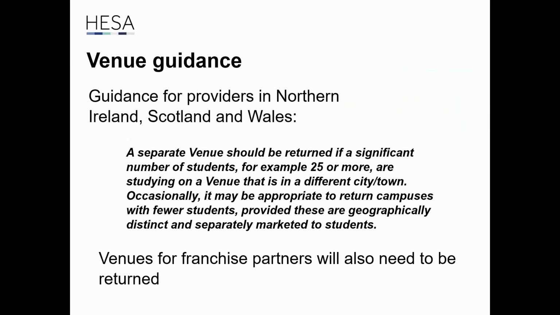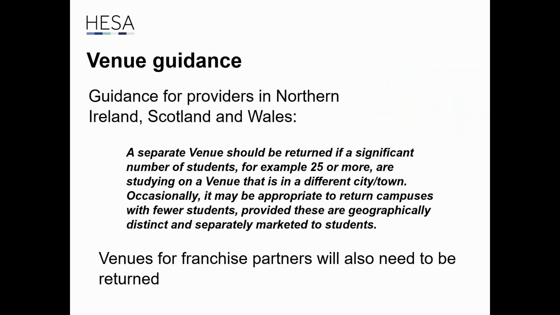So guidance for the rest of the UK then, so Northern Ireland, Scotland and Wales. It's very similar, but separate venues need to be returned if there's a significant number of students. So for example, 25 or more, so it's a little bit looser and there isn't that 1 kilometre distance that there is for providers in England.